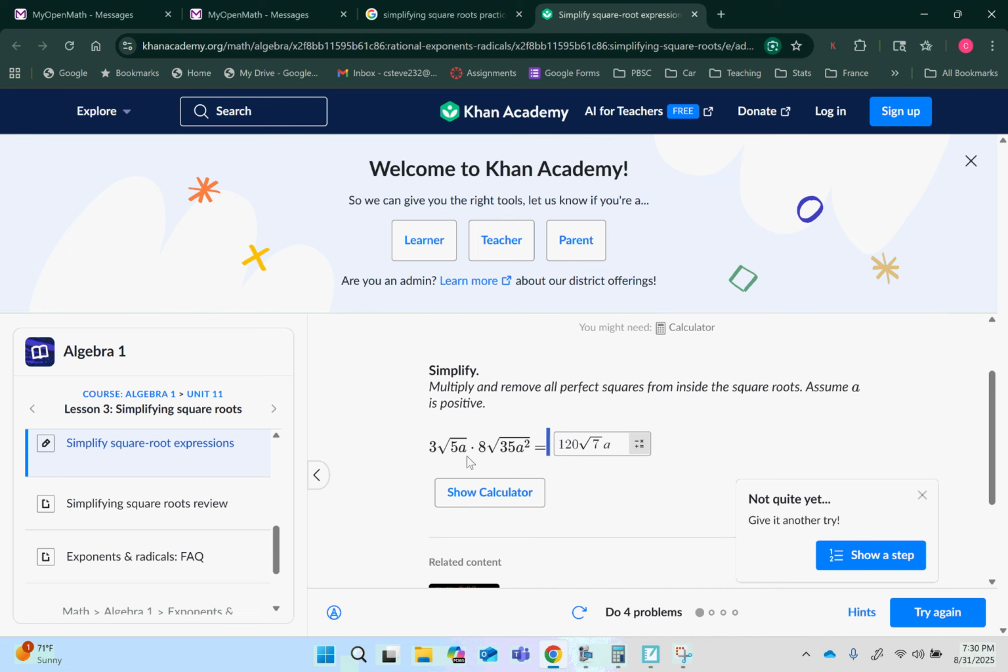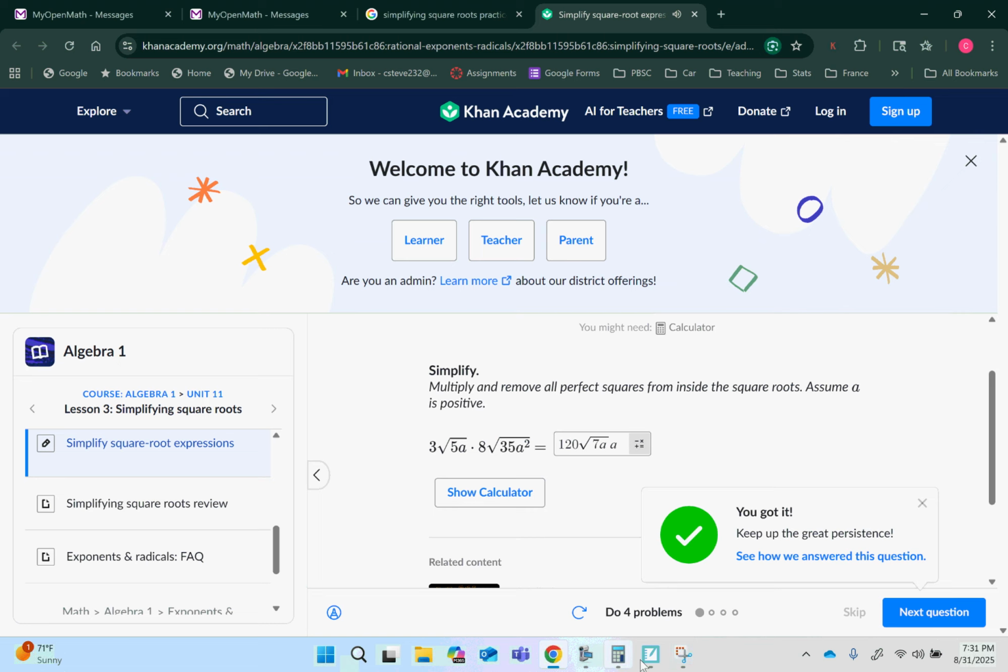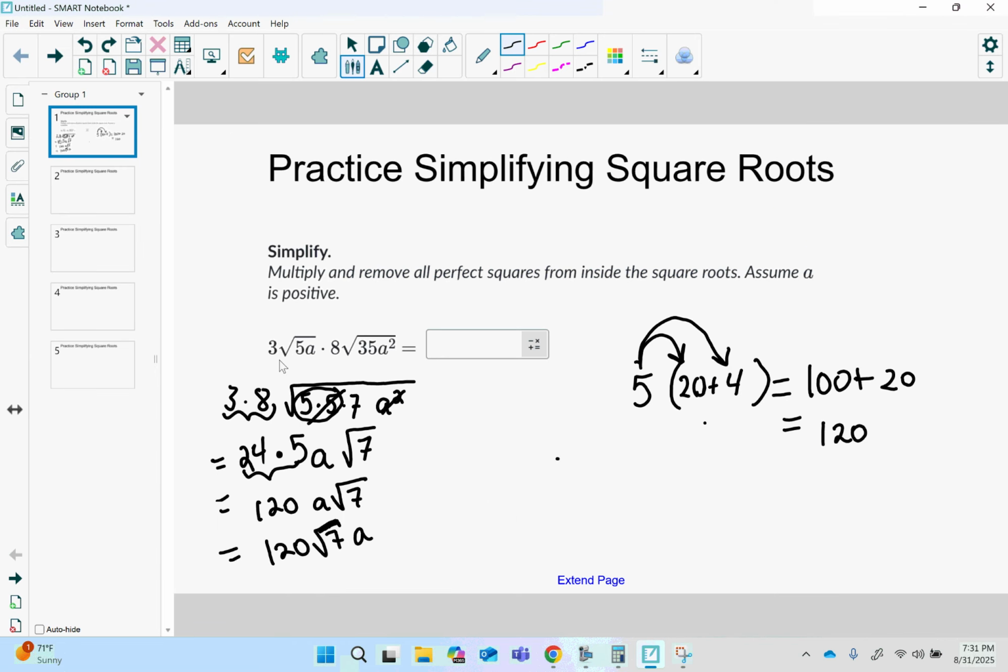Oh, I forgot one of the A's. Yeah, there's 3 A's total. Let me put another A in there with the 7 under the radical. Woohoo! I got it. Okay. So I just completely neglected that extra A there.